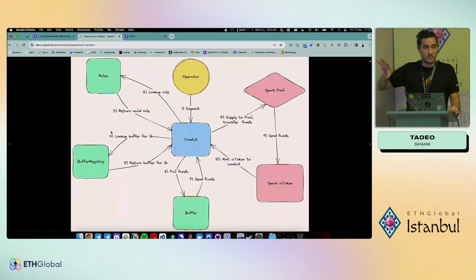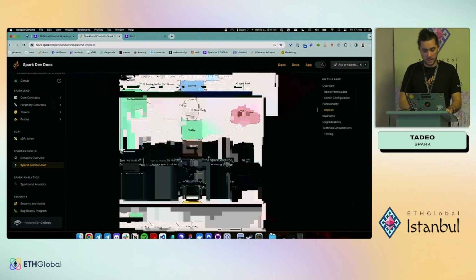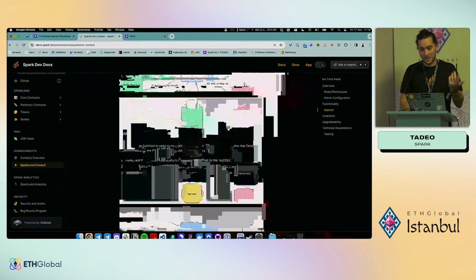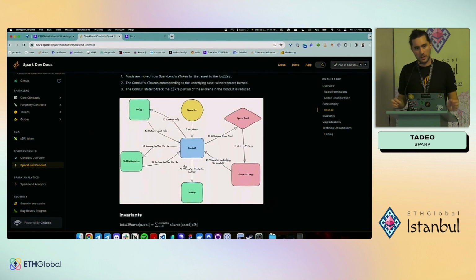Just to give an example, this is currently being scrapped and reworked, but the team here for Sparkland had essentially a request of funds function, not necessarily the best thing. It would call this function on the conduit, and if there wasn't enough liquidity in the market, it would send a message to Sparkland to increase interest rates to be able to recoup enough liquidity to then send it back.